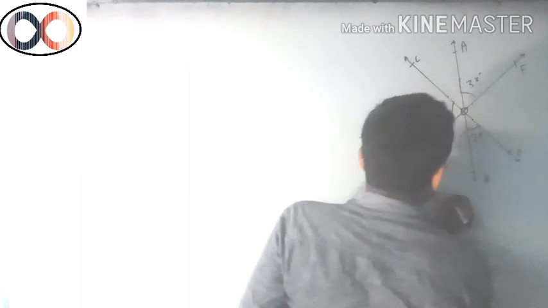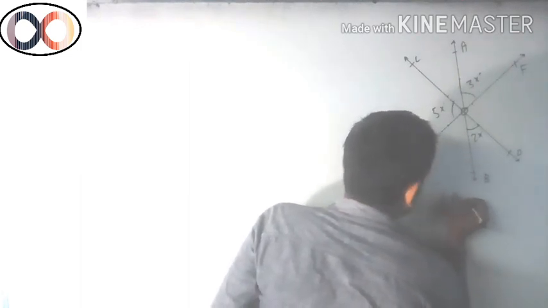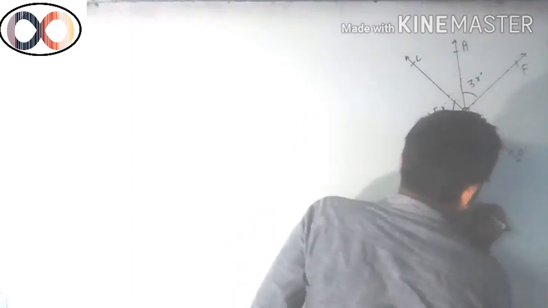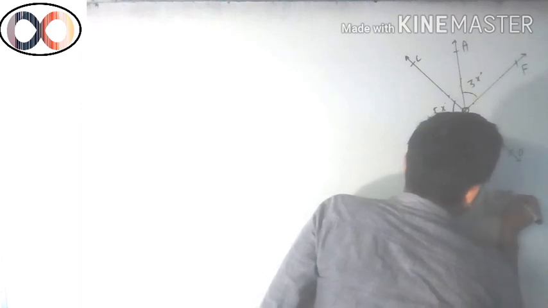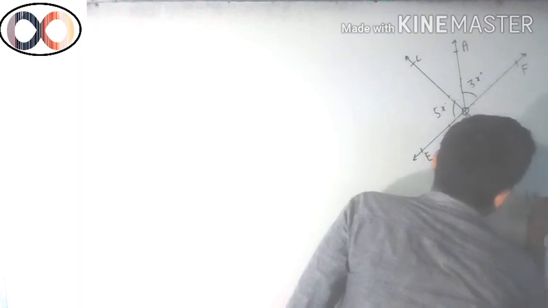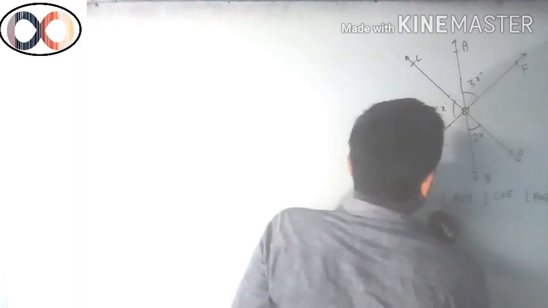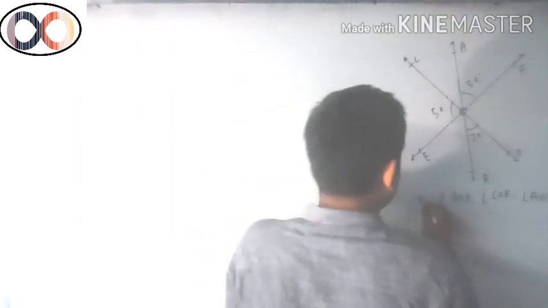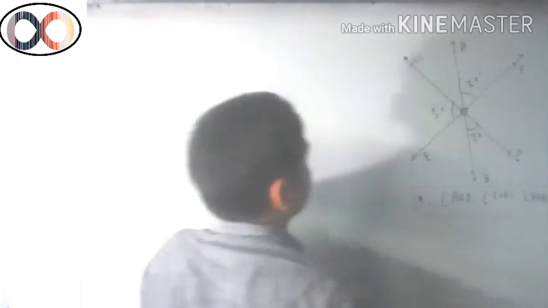You need to find the value of x first, and next angles AOD, COE and AOE in the given figure. This is question number 8 of our exercise.